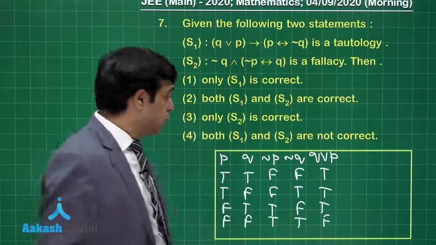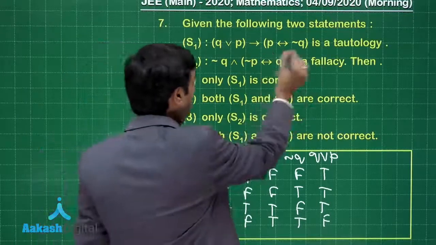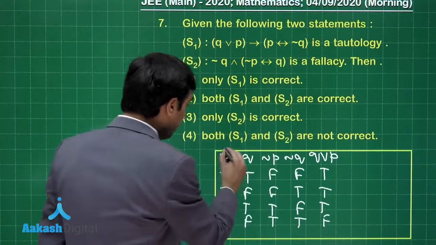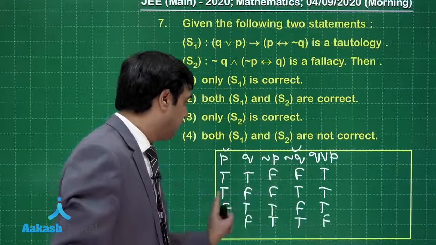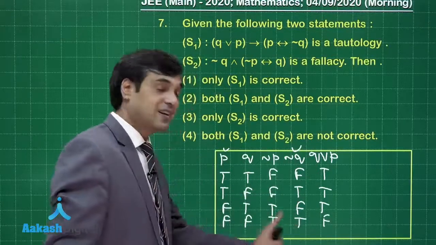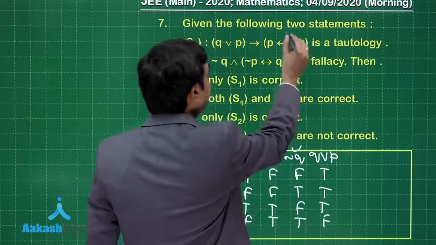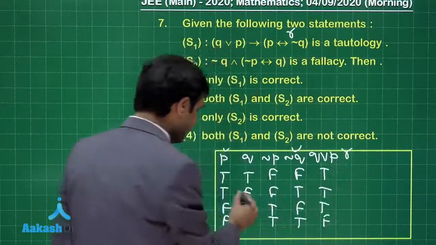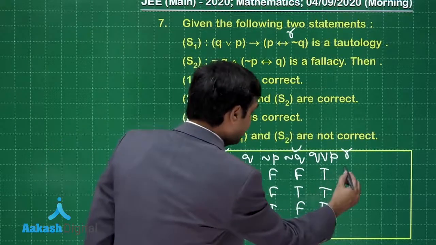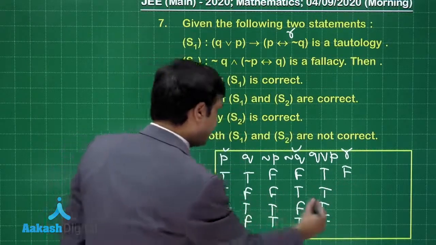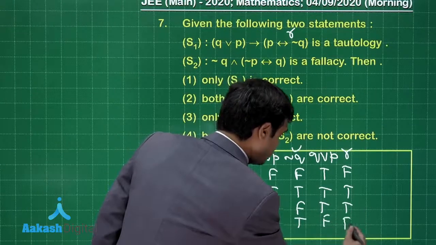Is it clear? So when both the inputs, P and negation Q, are different, like TF and FT, in this case it will be false. Let's say this is R. Just to put it in the table, I'm writing it R. So now this is false, this is true, this is true, this is false.